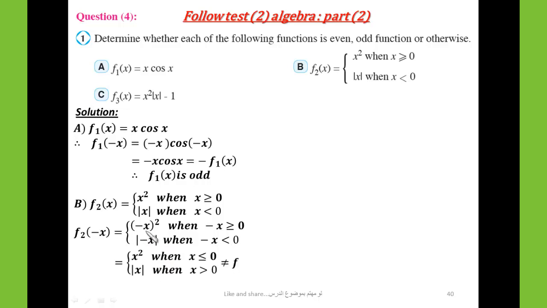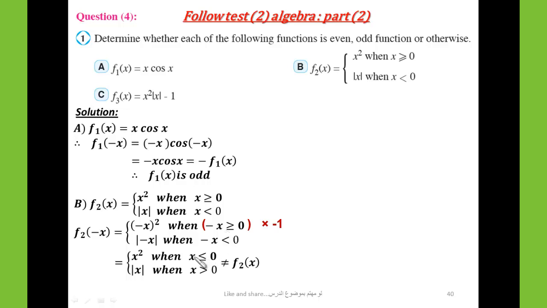So we have negative x all power 2 equals x power 2 when negative x is greater than 0. Multiplying both sides by negative 1, we get x is less than 0, because when you multiply the inequality by negative 1 or divide by negative 1, the direction of inequality will change.